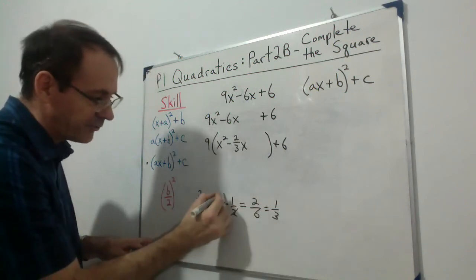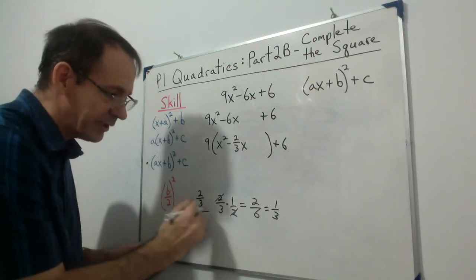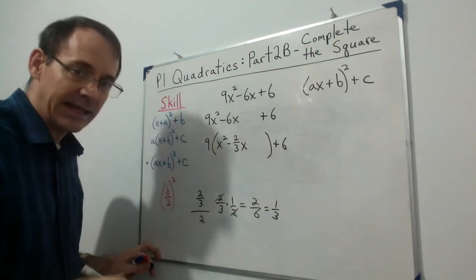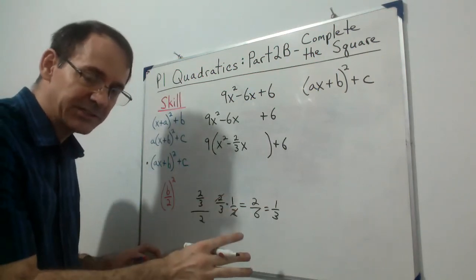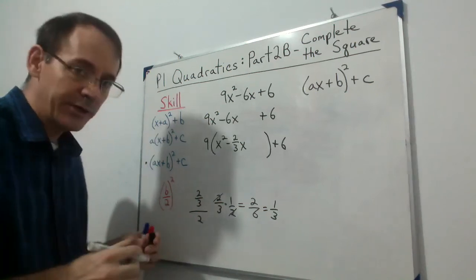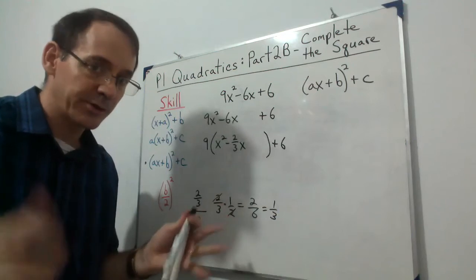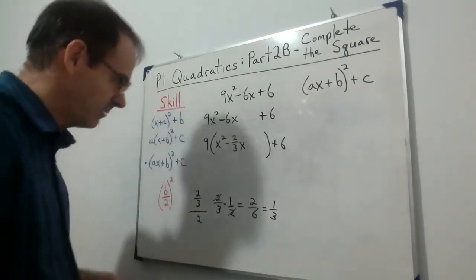You could have also reduced it over here and get your 1/3. Okay, so you can either do it yourself manually, which you should be able to do. If you are in A-level math, you should be able to handle basic fractions. If you happen to have some weird numbers in there, you can use your calculator just to help your confidence level, but make sure that you have that right.